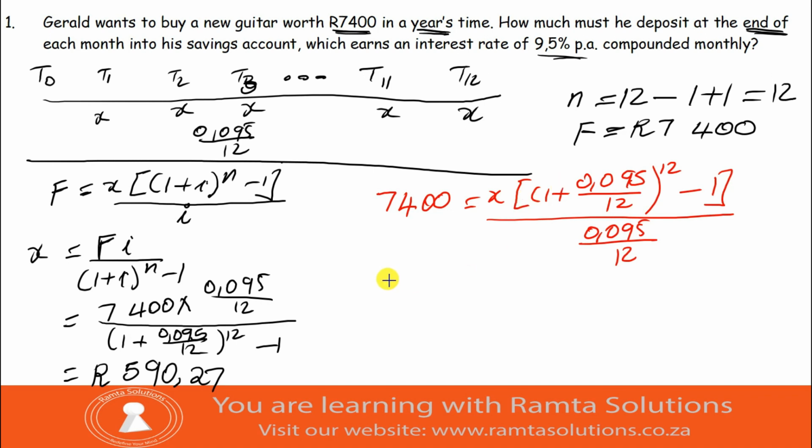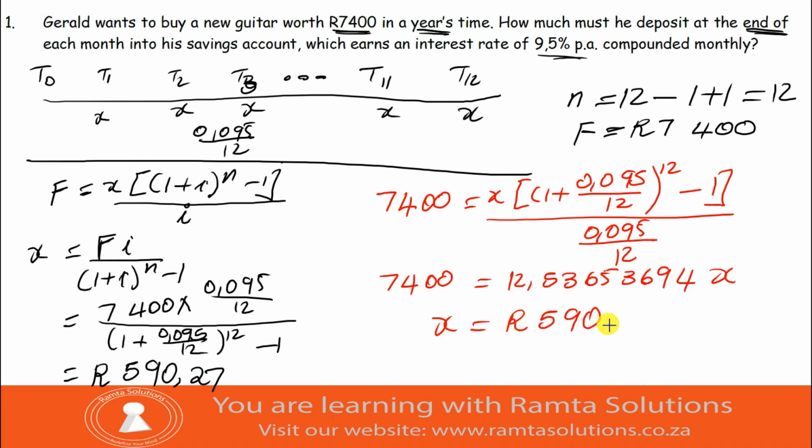This then becomes 7,400 equals 12.5365394x. Then 7,400 divided by 12.5365394. Our answer is 590 rand and 27 cents.